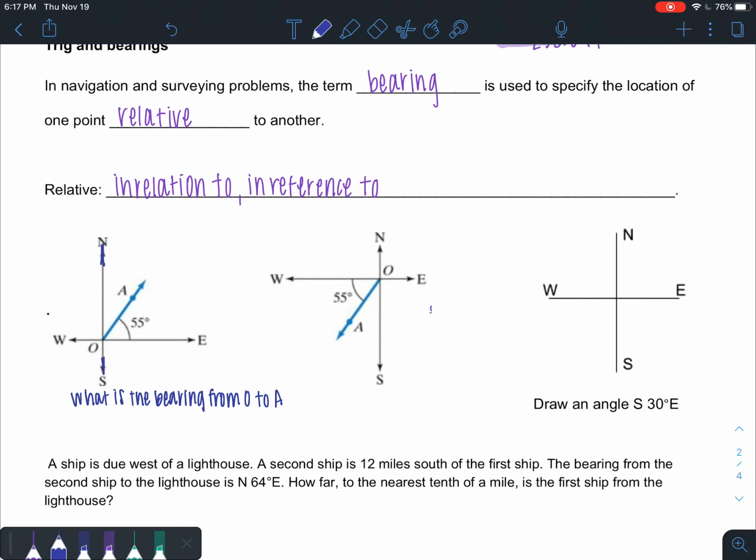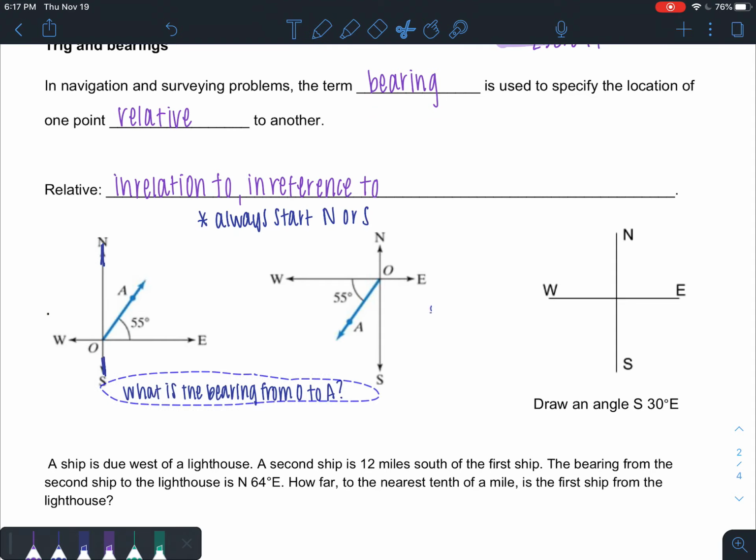Now we always start at north or south. And the reason for that is because we are talking about direction. So the bearing from O to A, and that's actually going to be for all of these.